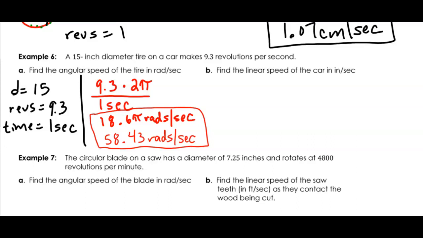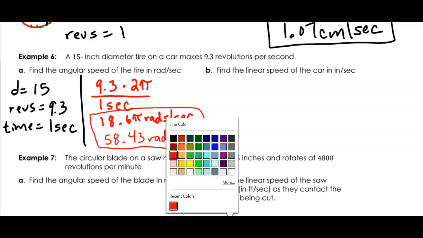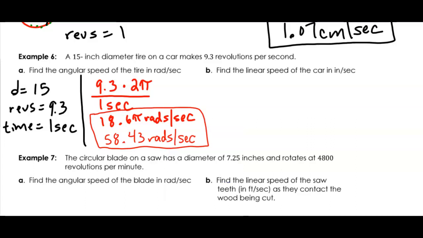Okay, and then when we go to find our linear speed, now we're going to do the number of revolutions times our circumference. Our circumference, of course, you can use 2 pi r or just pi d, so we're going to use 15 pi. And this was in inches, our diameter was given in inches, so I'm going to go ahead and put my unit there.